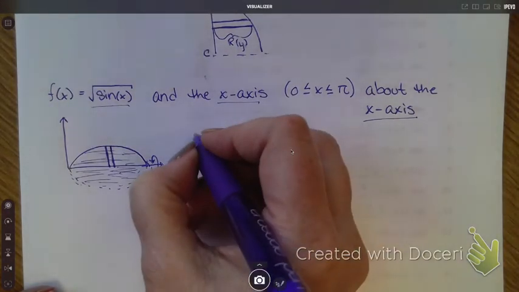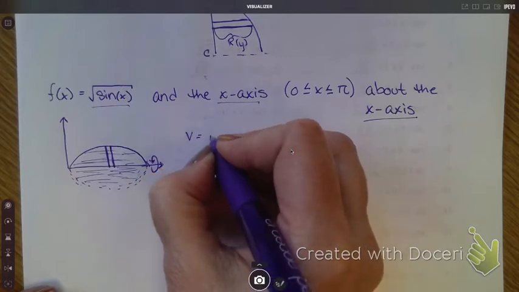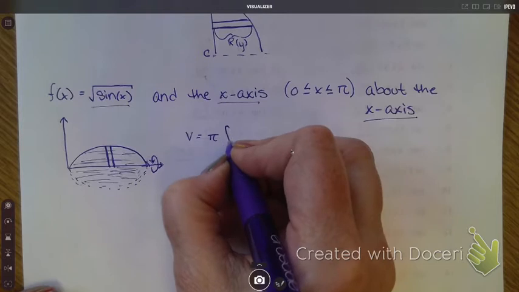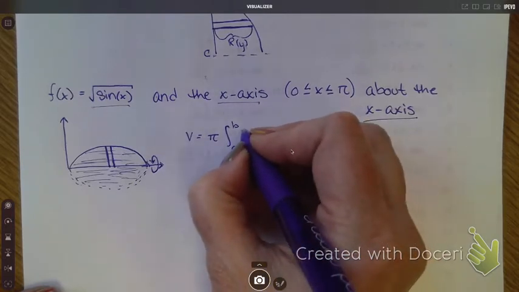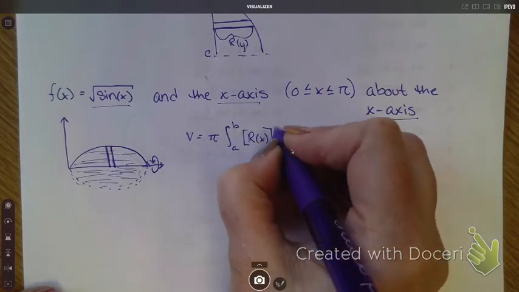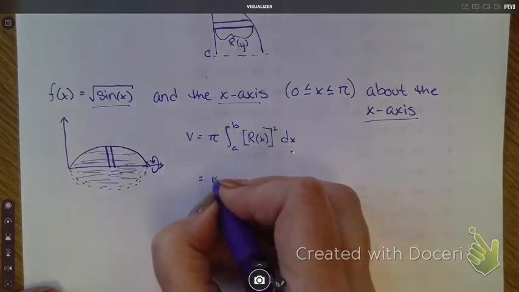So we are going to have V equals pi, integral from a to b of r of x squared dx. So we have pi, correct?